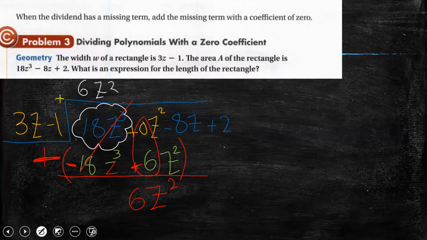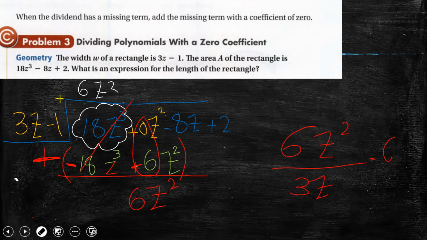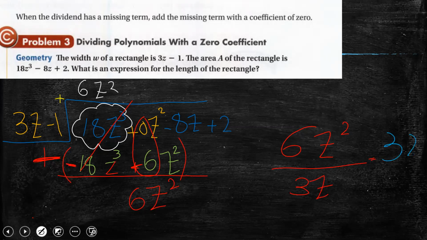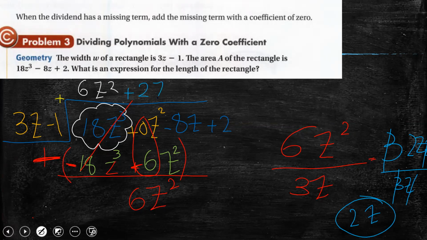Then let's divide 6z squared by the first term, which is 3z. Now write the factors of it, which is 3 times 2 times z over 3z. We have 2z, z left. So write it as plus 2z.